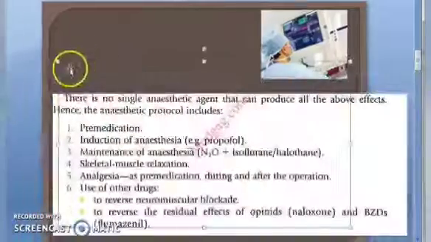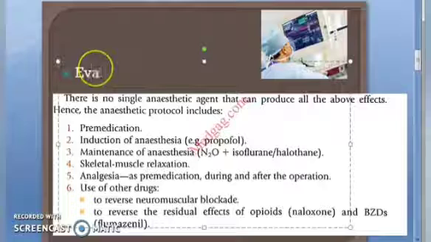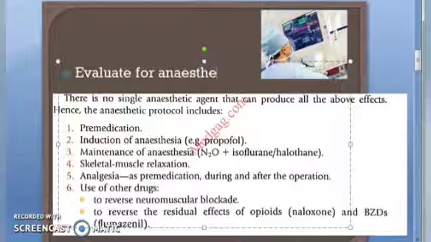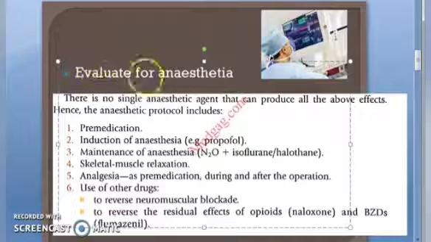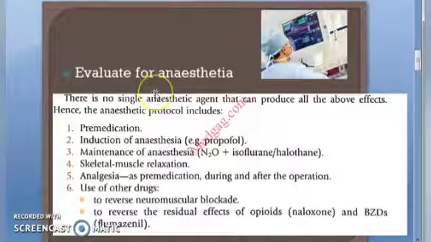All that has not been written here. Actually, they will evaluate the person for surgery, evaluate for anesthesia. Look at the spelling. Anesthesia. You can skip the extra A if you want, okay? So first they will evaluate.